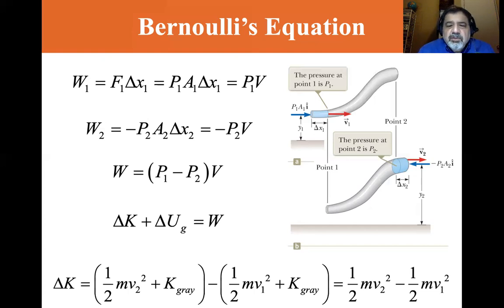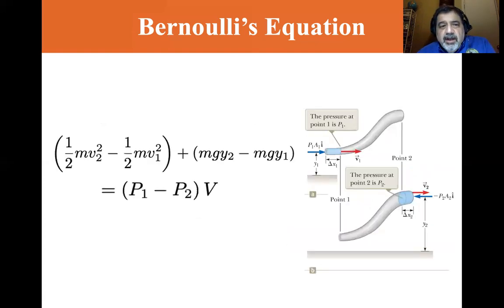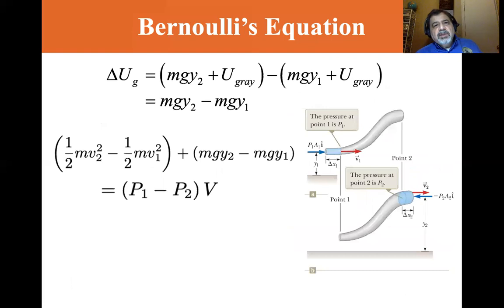We're going to assume that the kinetic energy of the gray area is the same in both A and B. So we end up with 1/2 mv2 squared minus 1/2 mv1 squared. I had to change the equation a little bit, so you're going to see my LaTeX script and not the script that you normally get.